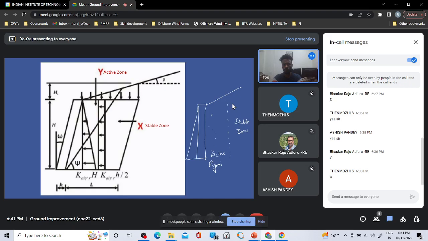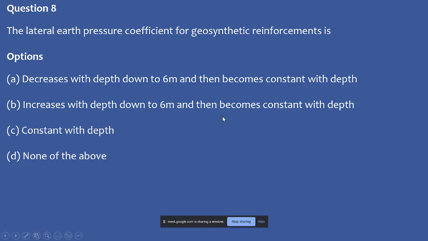Let's move to the eighth question. The lateral earth pressure coefficient for geosynthetic reinforcement.